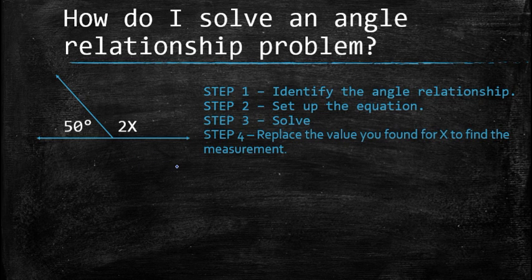So that's the first thing. We know that these angles added together are going to equal 180. So I'm going to go ahead and write that down. So if I'm looking at that, I know these angles add up to 180. So 50 plus 2x, or 2x plus 50, equals 180. So 2x plus 50 equals 180. Now all you're doing is solving a two-step equation, and we've already done that. So let's go ahead and make our chart that we're used to making.